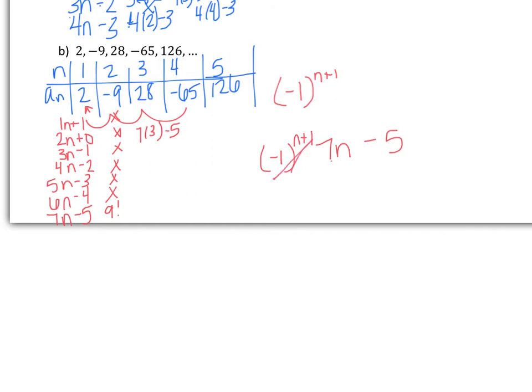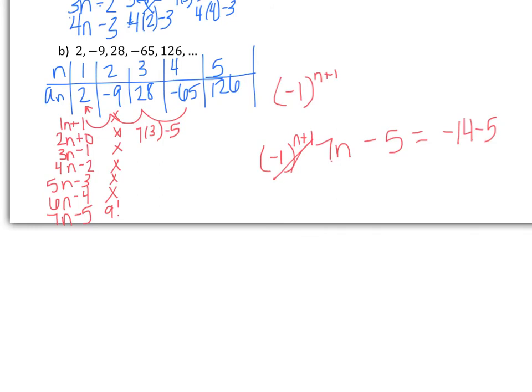Okay, when I try this over here, I'm not going to get close. It is going to be negative. 7 times n would be 14 minus 5. I'm going the wrong way. So sometimes this strategy doesn't work, and that's okay. Once you figure out this doesn't work, I'm not going to get anywhere with this because it just keeps going on and on.